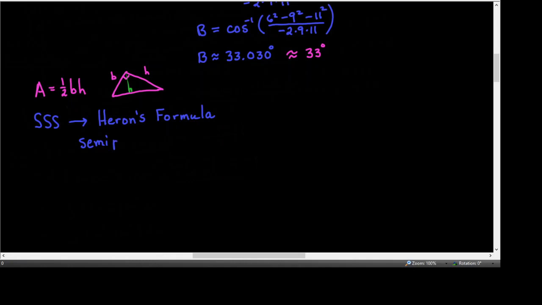You know how to find the perimeter of a triangle, right? If the sides are A and B and C, the perimeter is A plus B plus C, right? You just add up the three sides. That's the perimeter. And what does the prefix semi mean?